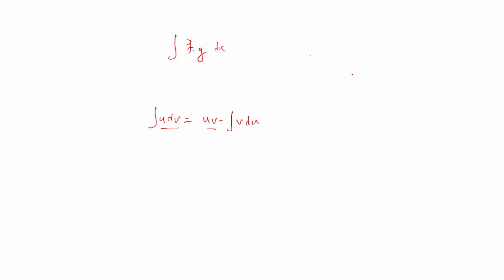So here, what he has done: there is a function u, and dv is also a function, right? Then he has taken the derivative of u. What will that become? du. Agreed? He has taken the integral of dv.